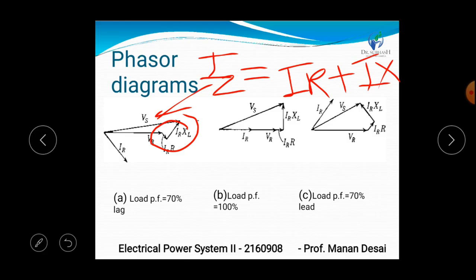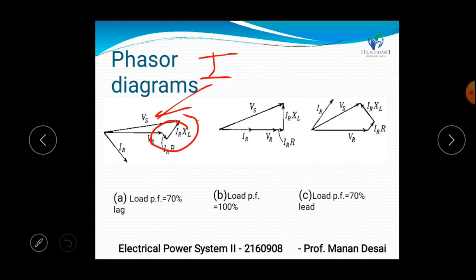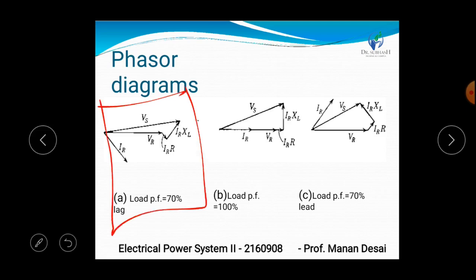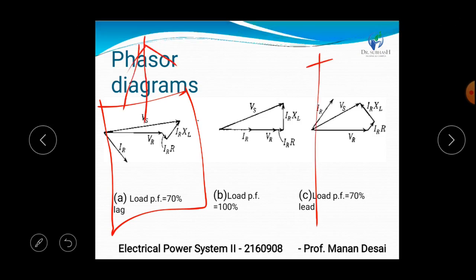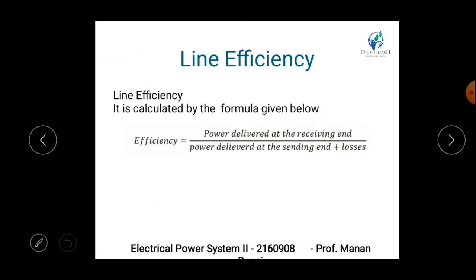The regulation is greatest for lagging power factor, and least, even negative, for leading power factor. Means in this case the regulation is very good, and in this case the regulation is poor. So this is the conclusion, and now we move towards line efficiency.